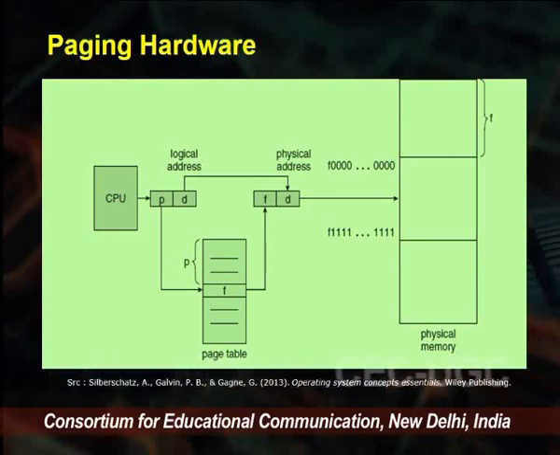Page number 3 will be found at frame number 7 of the physical memory. So the physical memory identifies the frame numbers, and the page table maps between the page number and the frame number.